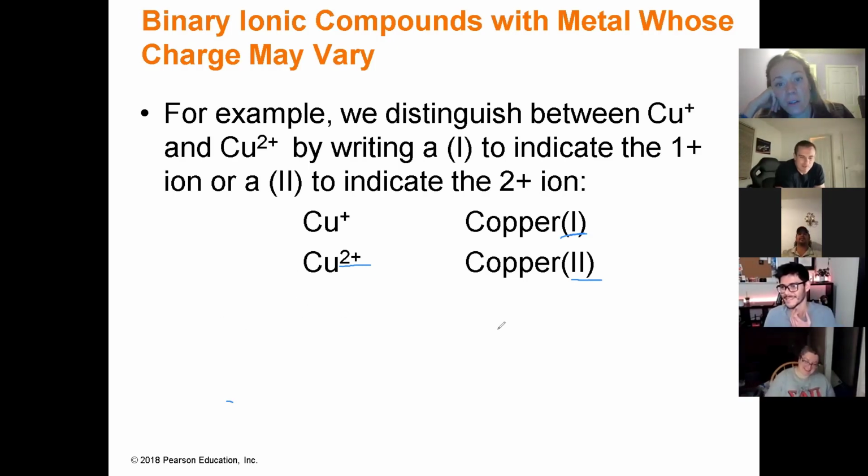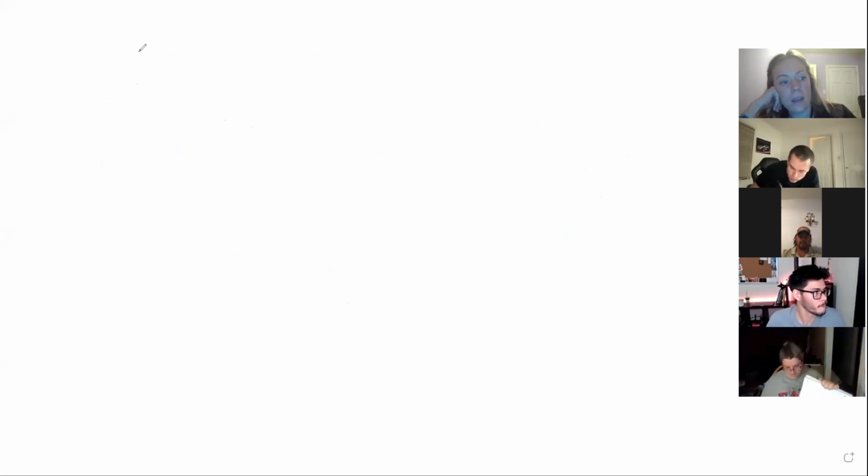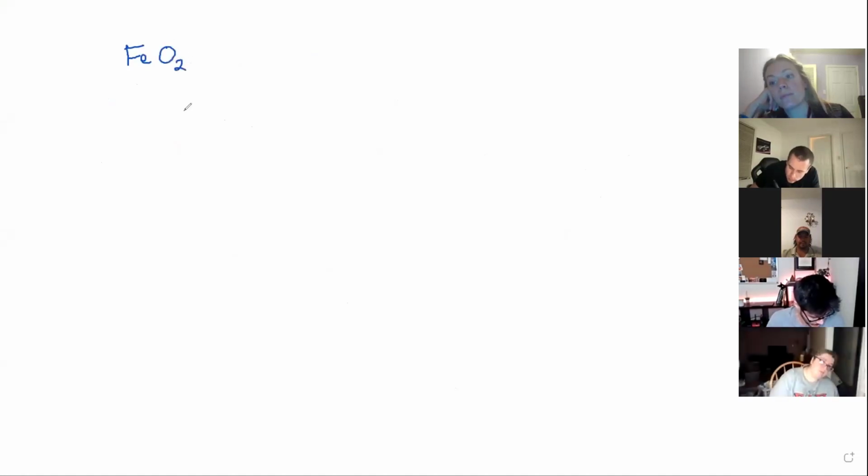Okay, so we'll do one of these just so you can get the idea. Maybe two. Let's say I have a chemical formula like this, FeO2, and I want to name this thing.